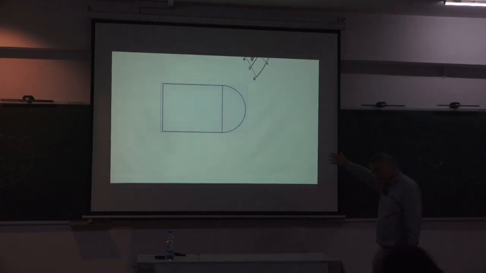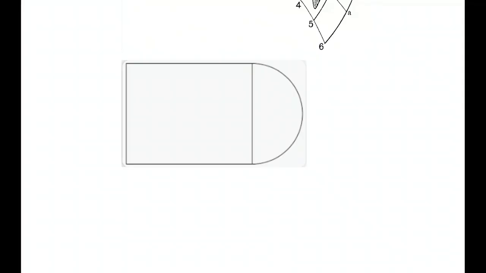But I want the distance in the Thurston sense, that is the best Lipschitz map between these shapes.